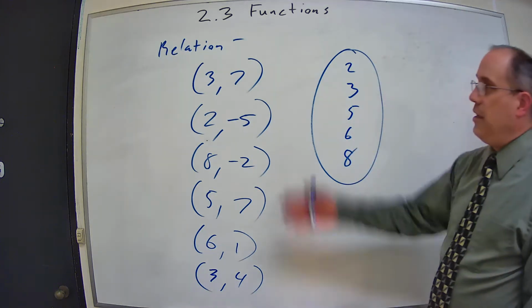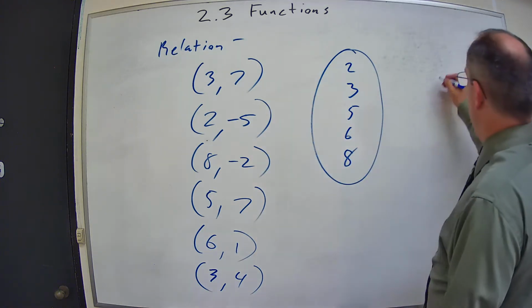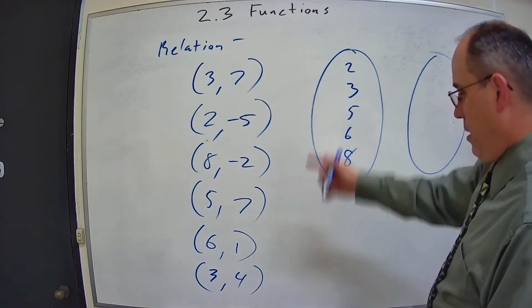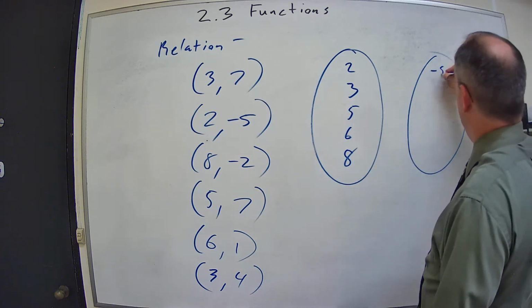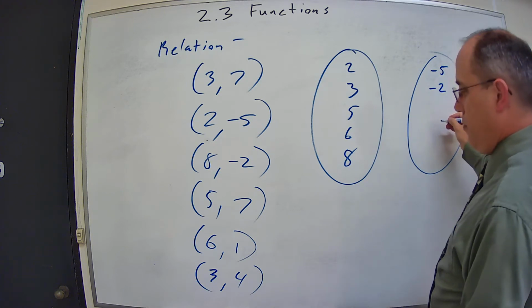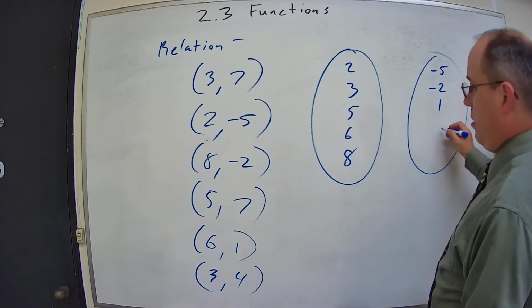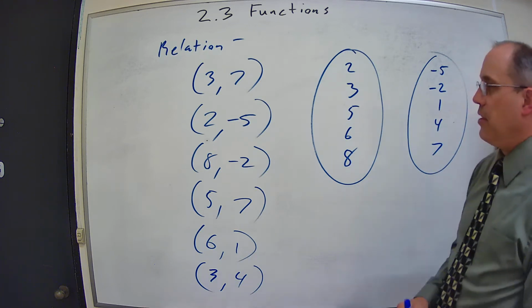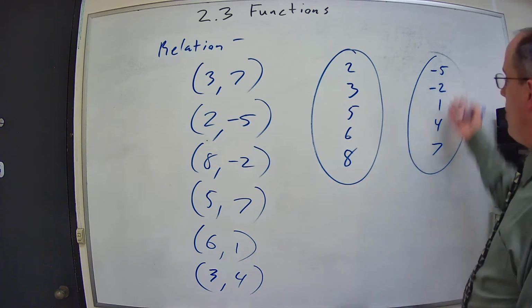Those are all my inputs. And then I can put my outputs in another bubble. And let's see, we have -5, -2, 1, 4, and 7. I think that's all of them, right? So that's all my outputs.